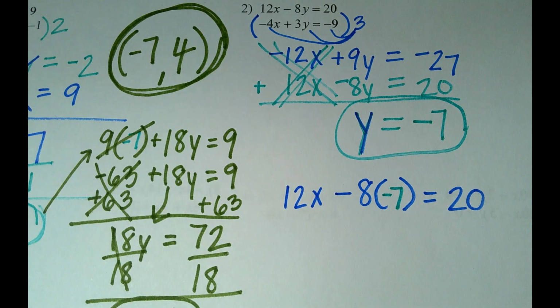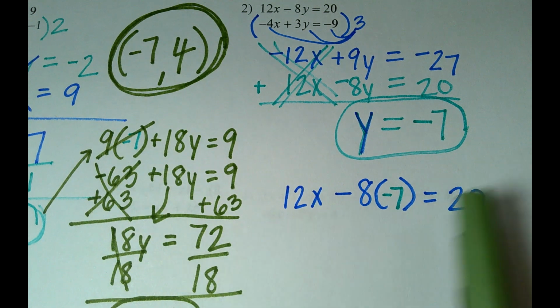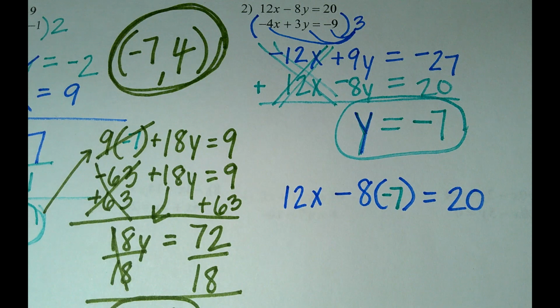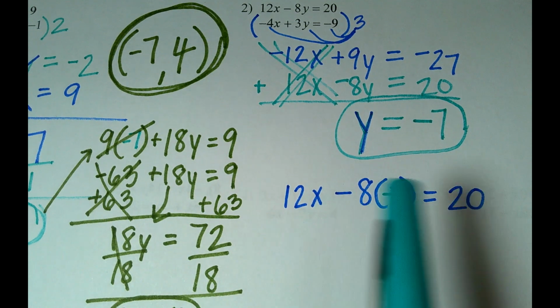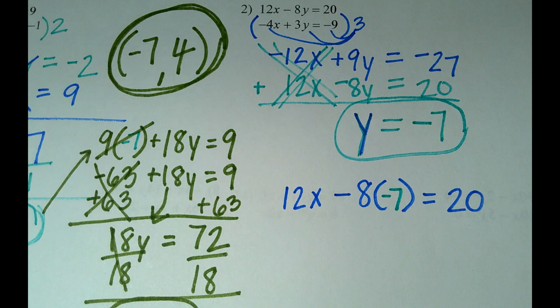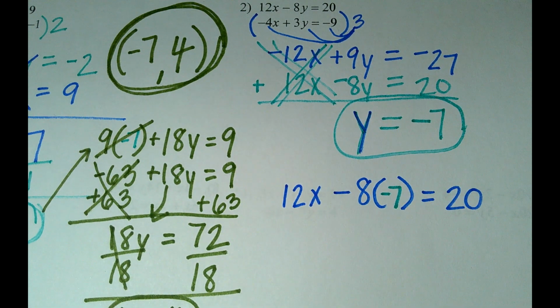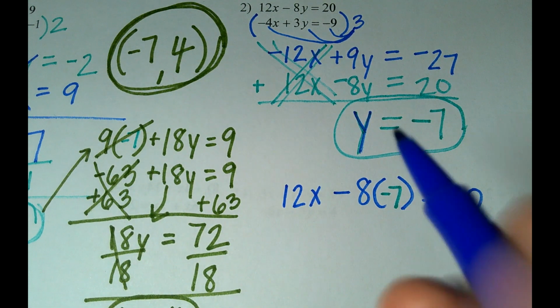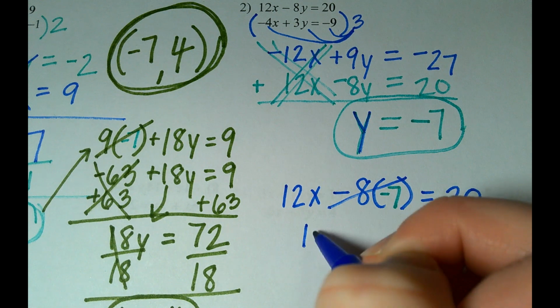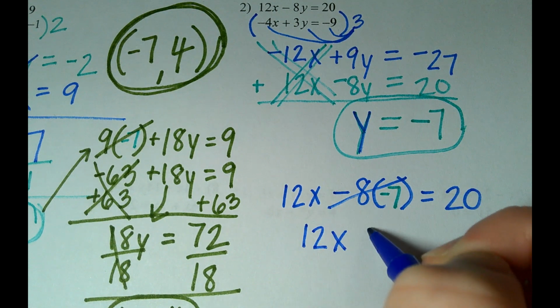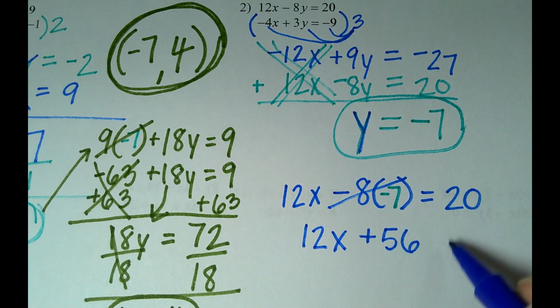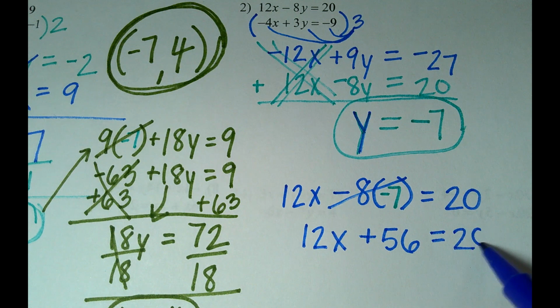Okay, so what should I do first now that I have it all plugged in? We're going to multiply. I have negative 8 times negative 7. Positive 56. So let's rewrite that. Bring this down. 12x plus 56 equals 20.